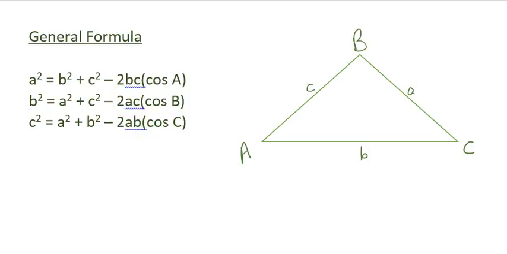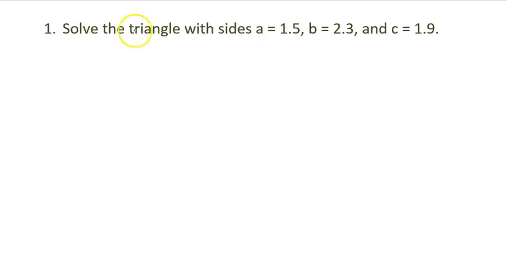So, moving on to example 1, we have solve the triangle with sides 1.5, 2.3, and 1.9. So this is the first situation. This is where we have all three sides, and you just have to decide, okay, what angle do I want to find first? And I'll just go in alphabetical order. I'll find A first.